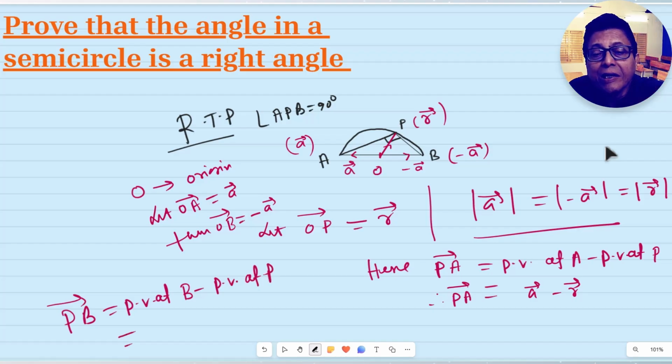Position vector of B is minus A, and this is minus R.